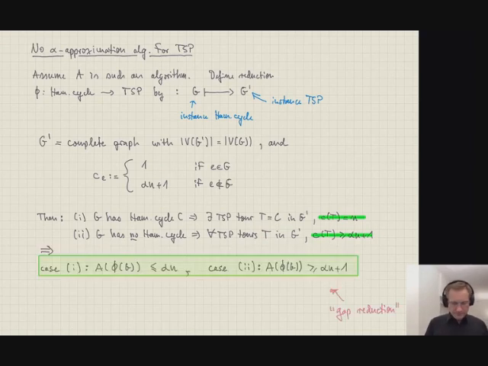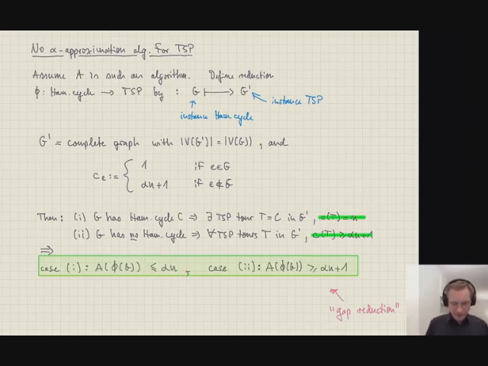But that means in the first case, in the case that there exists a Hamiltonian cycle in the original graph, our algorithm will compute a traveling salesman tour. Remember, it's an alpha approximation algorithm, so at most alpha times the optimum solution value. There exists a tour of length n, so at most alpha times n.